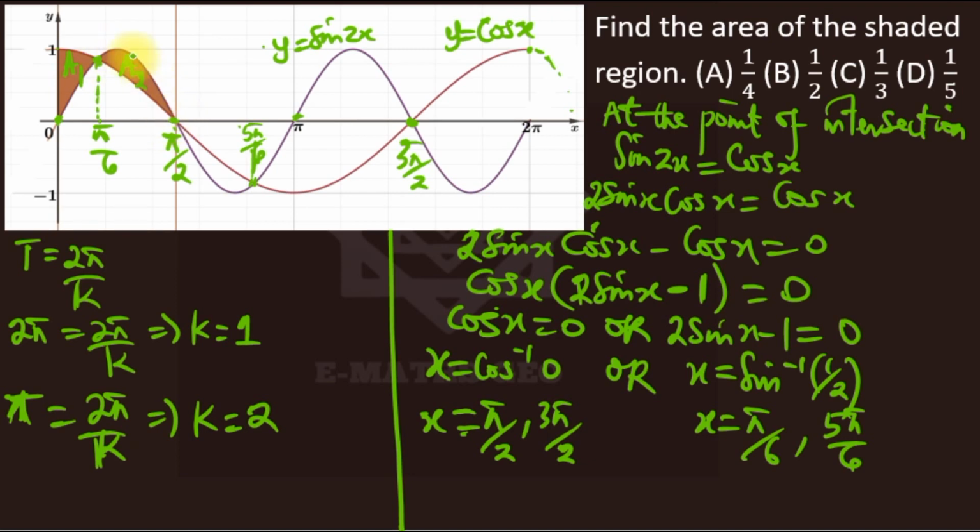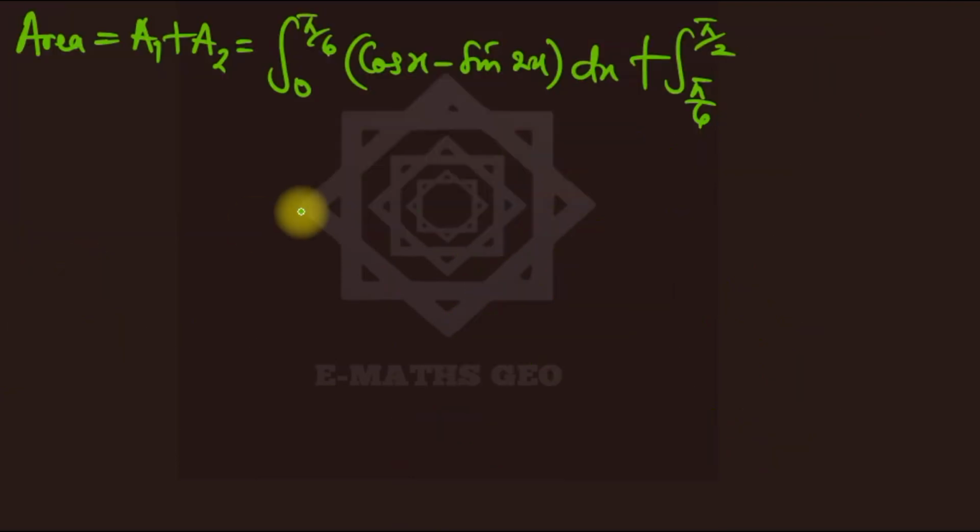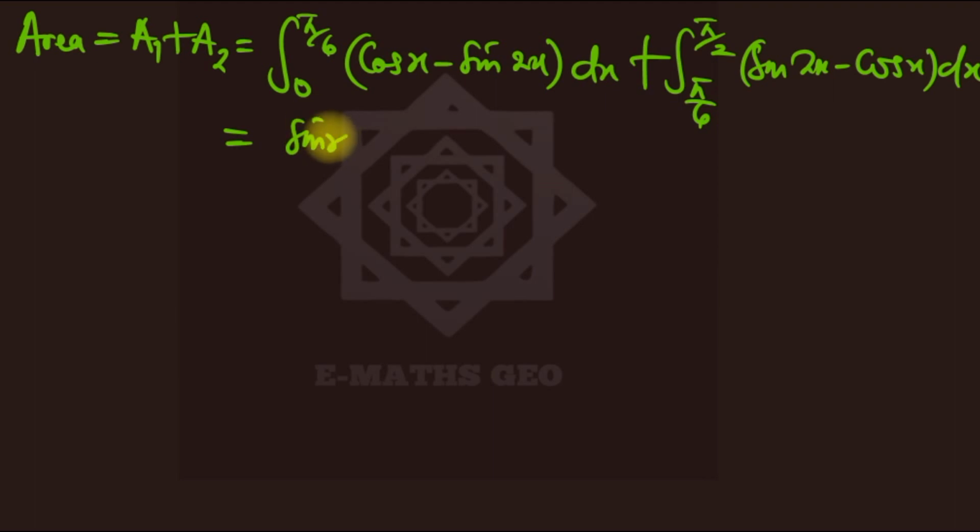While the upper function here is now sine, so we have sine 2x minus cos x dx. So we integrate. The integral of cos is sine. The integral of sine is minus cos, so plus cos 2x over 2, from 0 to pi over 6.